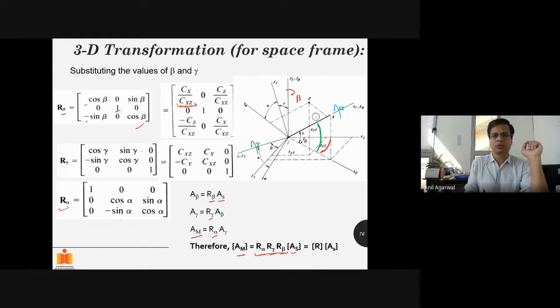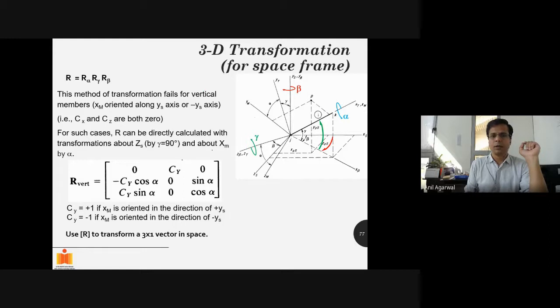So either you use these matrices directly, but if you don't know the values of beta and gamma and you want to use the coordinates, then you have to use this matrix, but therein we have introduced this issue of zero values in the denominator.